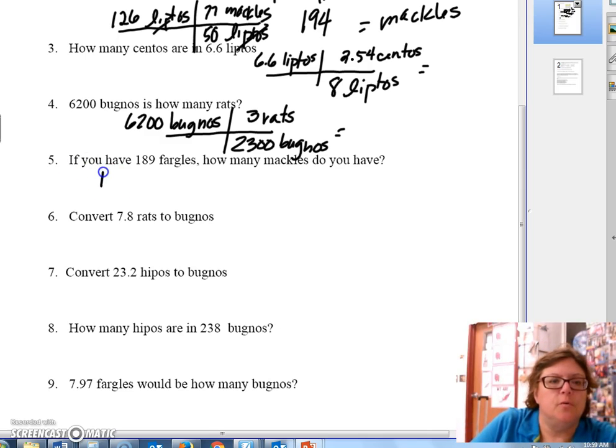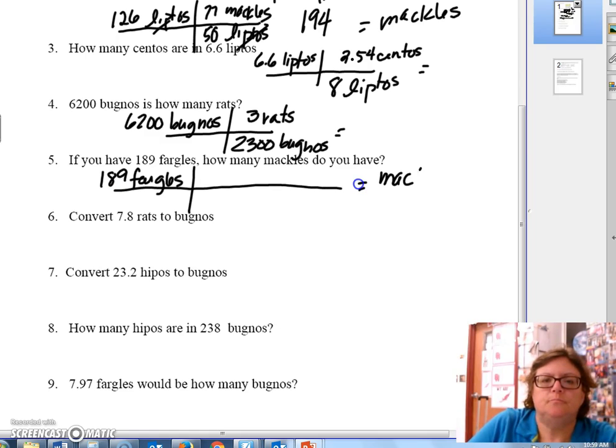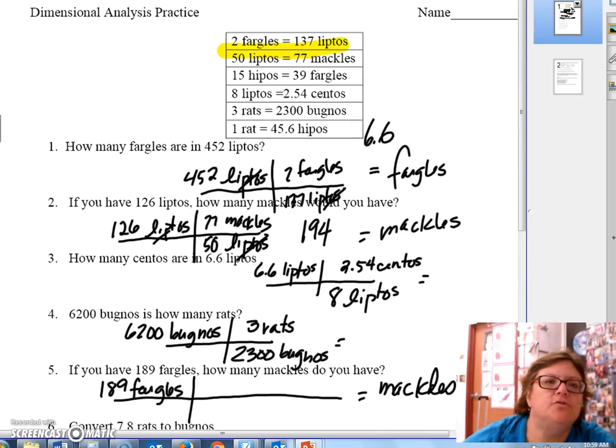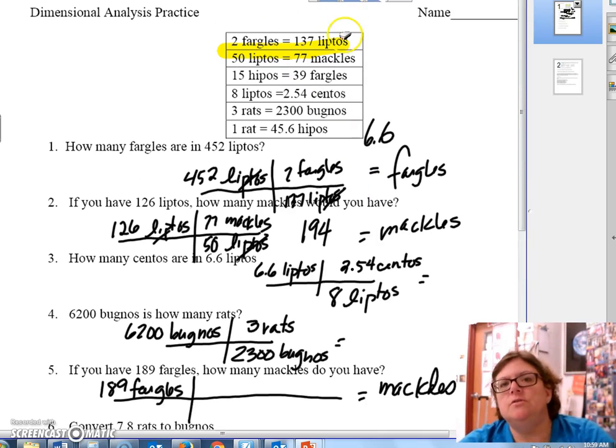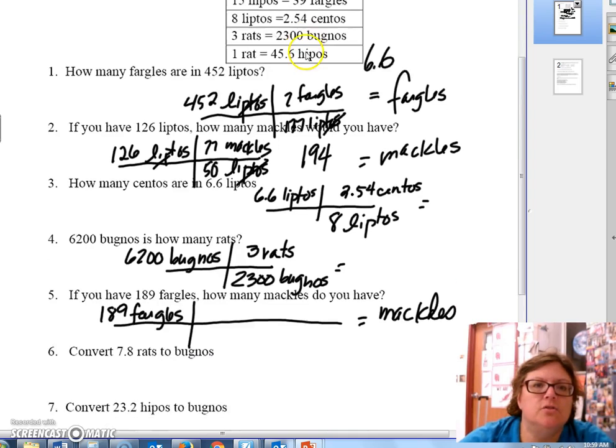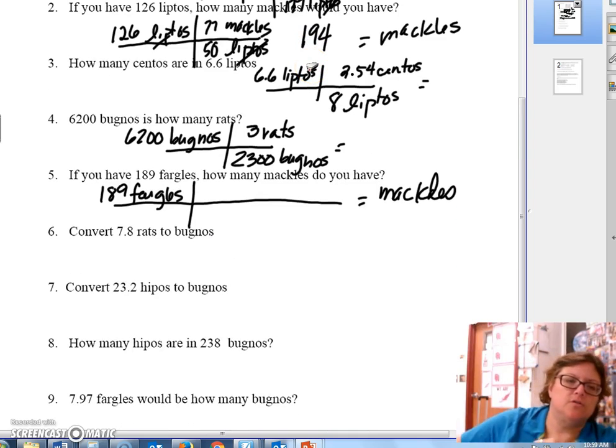189 Fargals. We want to go to Mackles. Now we look up here. There isn't anything that goes directly from Fargals to Mackles. But we do have 2 Fargals to Liptos and Liptos to Mackles. So those are the equalities we're going to use.